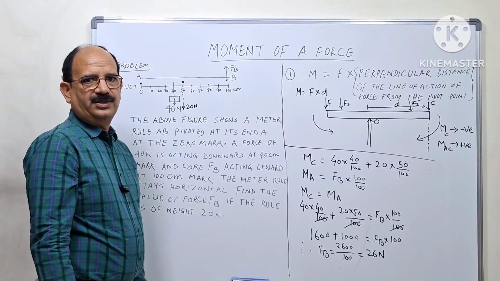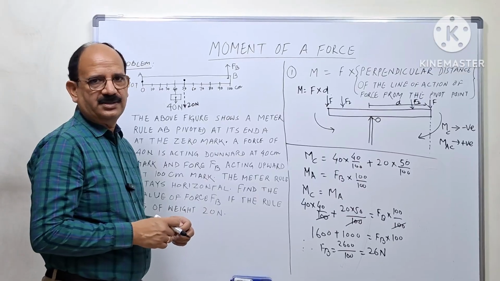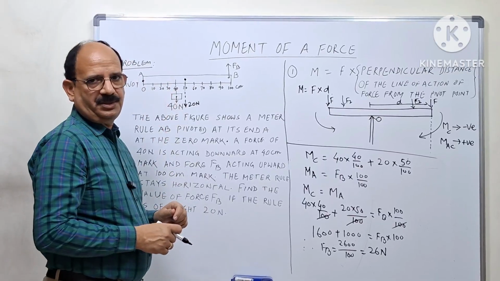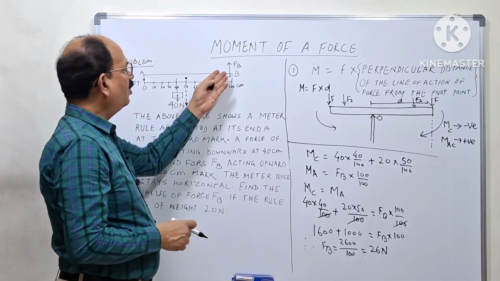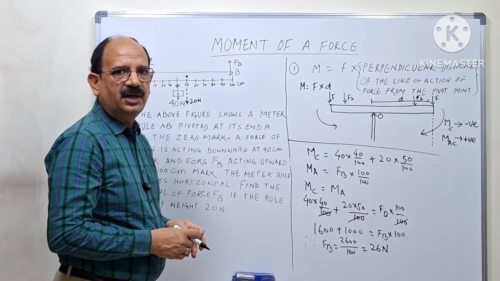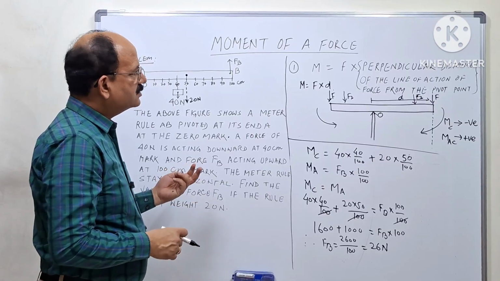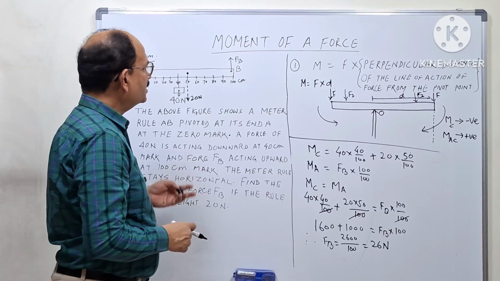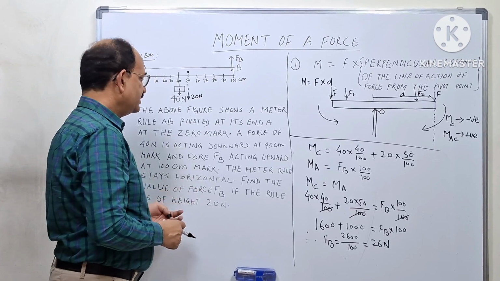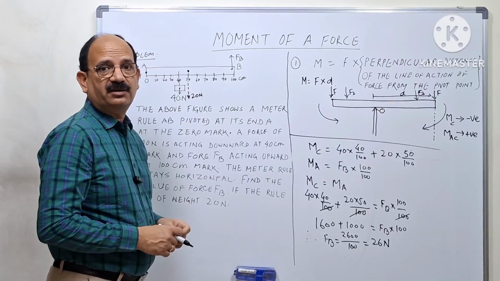Okay. So with this example, it is clear that using the principle of moments for equilibrium condition, you can find the unknown force, and you have to find out the value of it. Right? Now let's consider a situation where the problem says that assume that this meter rule is having no weight.